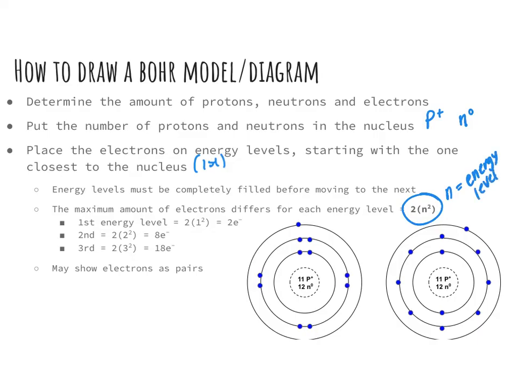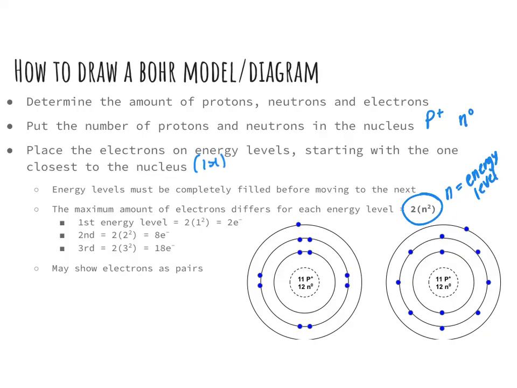I did a little bit of math to show you how that works. For the first energy level, if I take 2 and multiply that by 1 squared, it would just be 2. So that first energy level can only hold 2 electrons. For the second, 2 times 2 squared is 8 electrons. So the second energy level, or the second ring, can only hold 8 electrons.